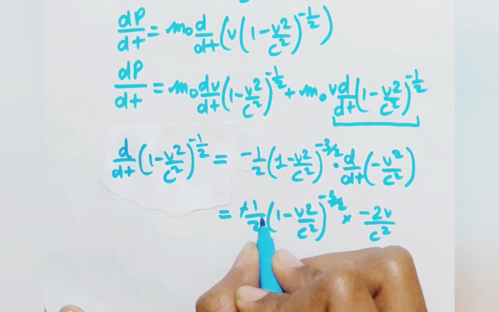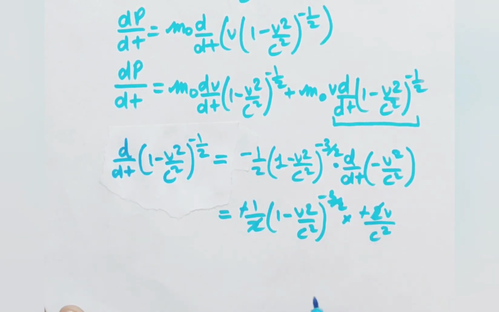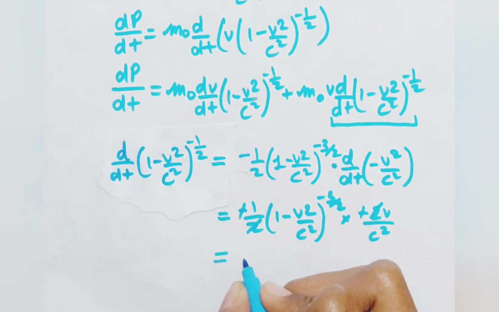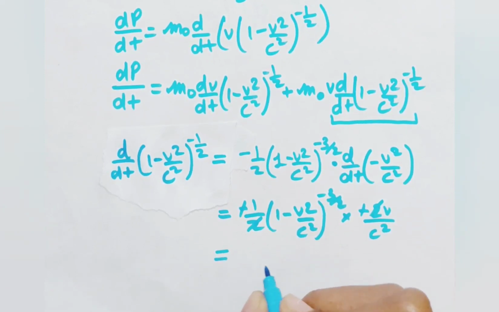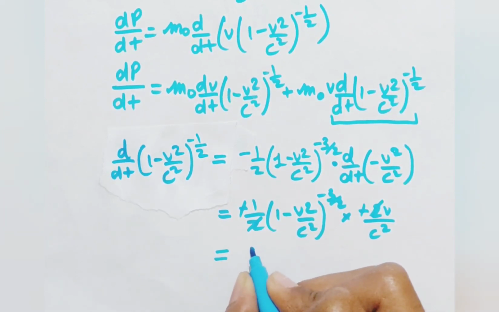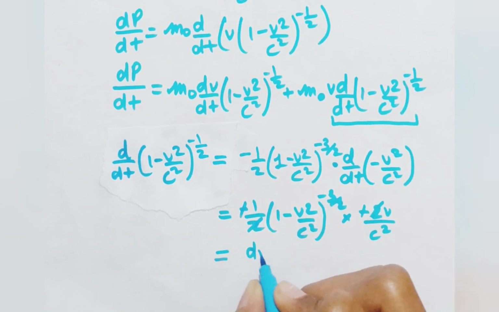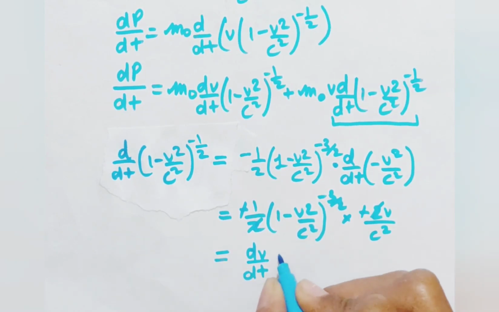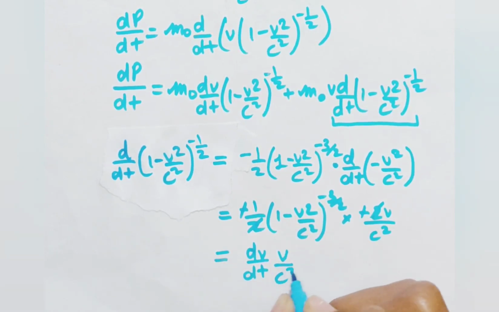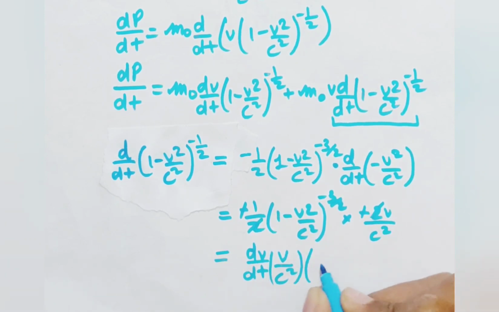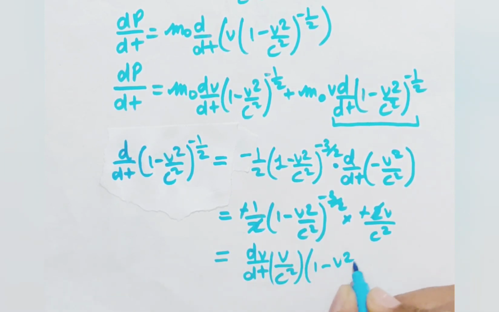We can cancel out negative 2 and negative 2. So finally we have that d over dt of 1 minus v squared over c squared to the power of negative 1/2 equals dv by dt times v over c squared times 1 minus v squared over c squared to the power of negative 3/2.